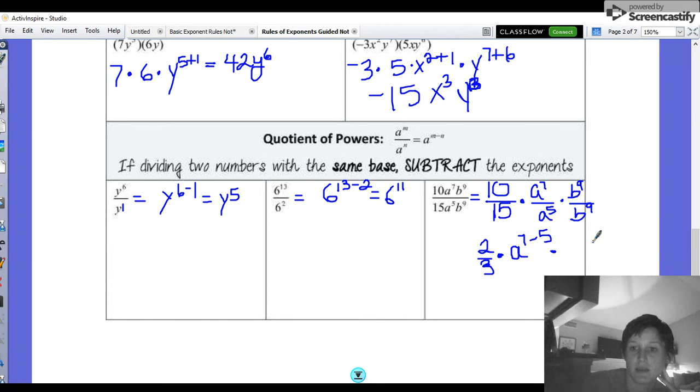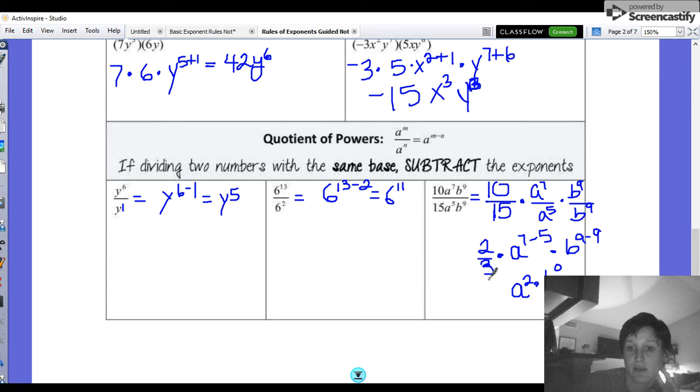And b to the 9 minus 9. So 7 minus 5, what is that, 3? No, 2. It's getting late, guys, so my brain is getting slower. 9 minus 9 is, of course, b to the power of 0.